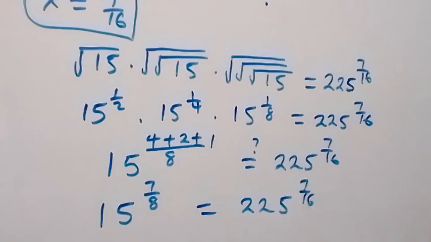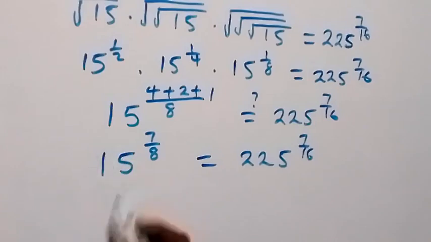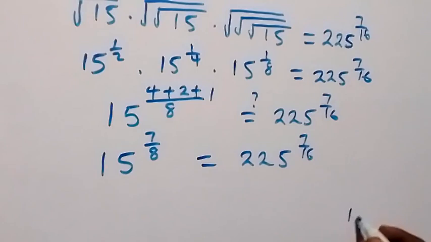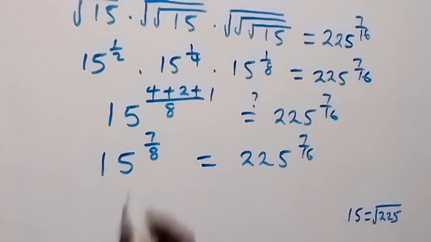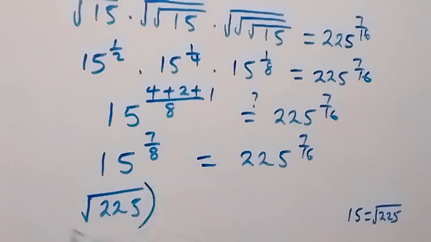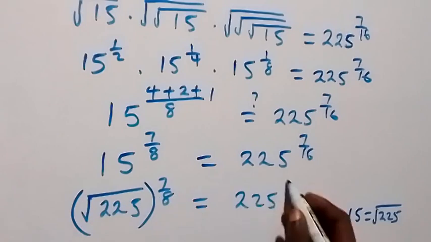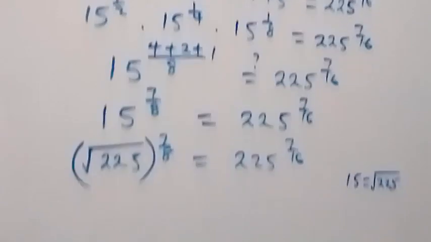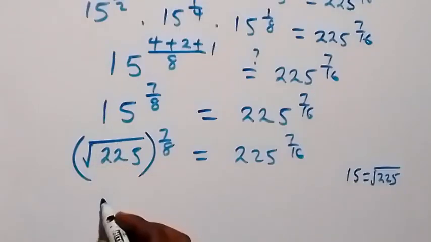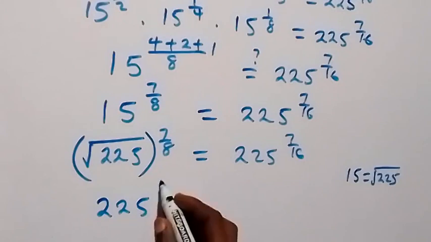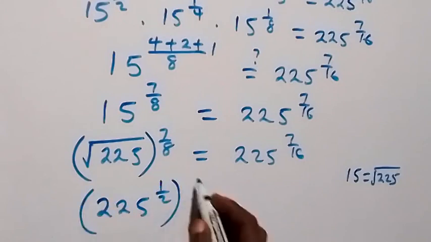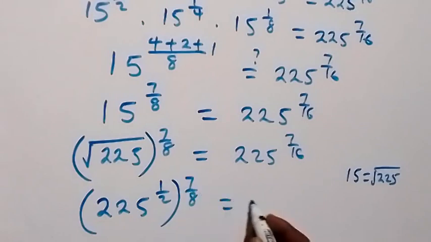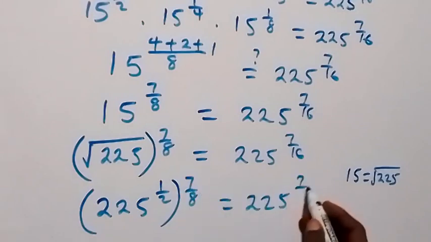On this side, we can equally write 15 as the square root of 225. So now we can see we have the square root of 225 raised to power 7 over 8 equals 225 raised to power 7 over 16. Then here, this root is also raised to power half, so we have 225 raised to power half, then raised to power 7 over 8 equals 225 raised to power 7 over 16.